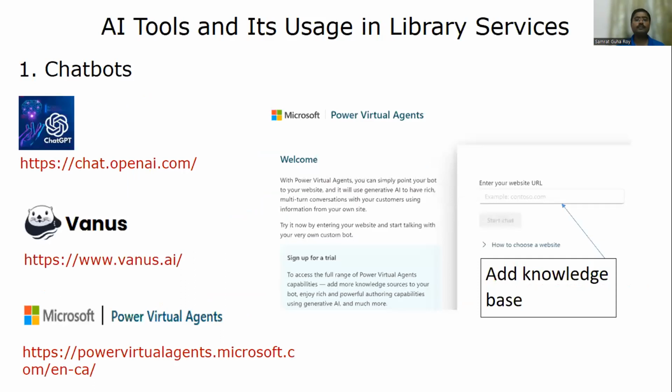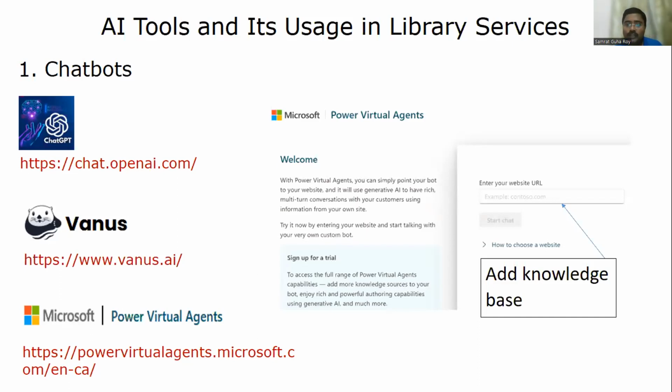For example, I'm just giving an example here. ChatGPT and all these things are discussed. One site is from Microsoft, Virtual Agents. You can try it in Google also; their demo can be tried. You can give your website URL and start the chat, and the Microsoft agent will index that website and chat with you, giving you answers like a human being.